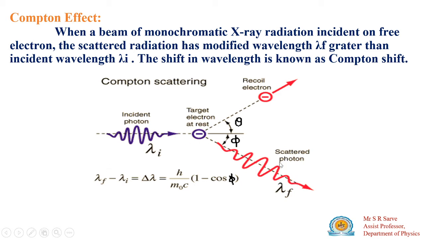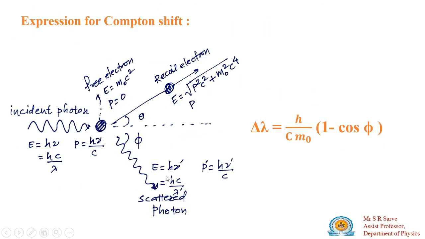Due to this collision with the electron, the wavelength of the scattered photon increases as compared to the incident photon, and that shift in wavelength is given by h divided by m naught c times 1 minus cos phi. Next, how do we obtain the expression for this Compton shift?